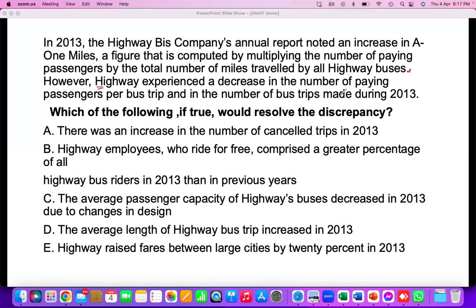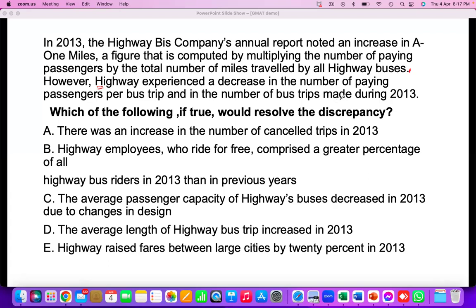The conclusion is something like a claim, opinion, observation, or plan. In the last question we saw there was a plan, so that was the conclusion. Here there is an observation. So whatever is observed, that is the conclusion.